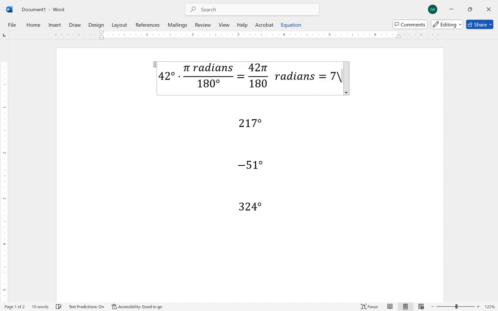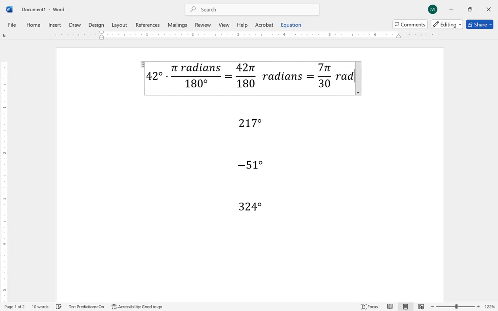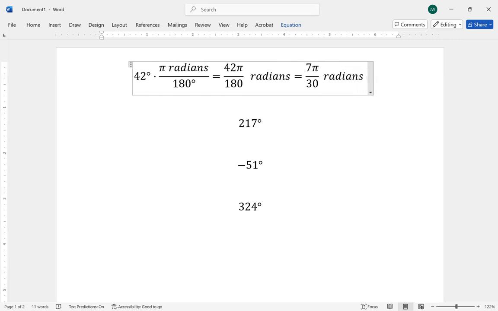So our angle we could write as 7 pi over 30 radians. That's the exact angle in radians. Now, it's also true that you could write an approximate value for this as well. That's about 0.7330 radians if I just plug in 7 times pi over 30. I won't write that for this one, but you can also get a decimal approximation of this fraction if you'd like.